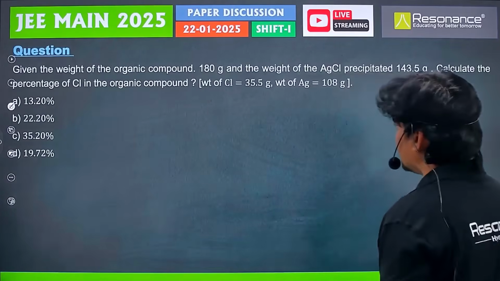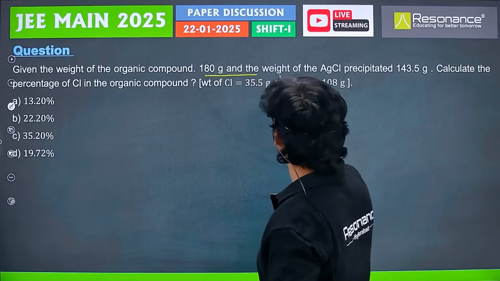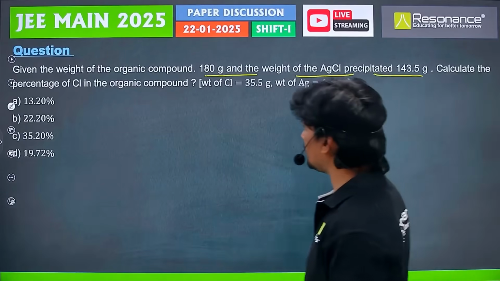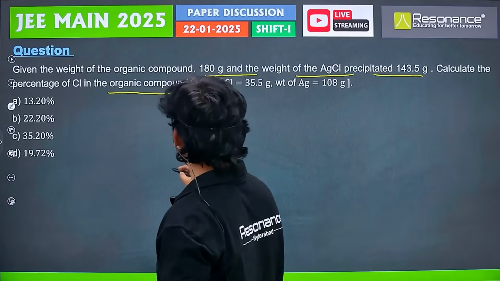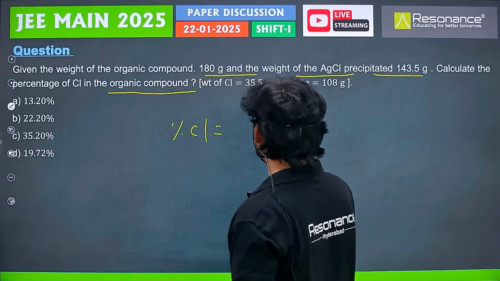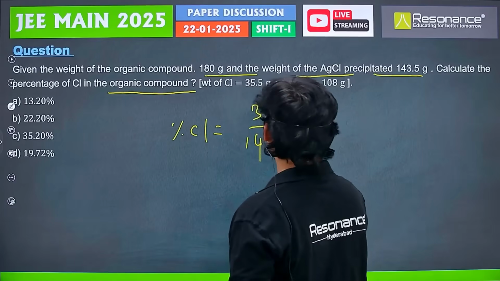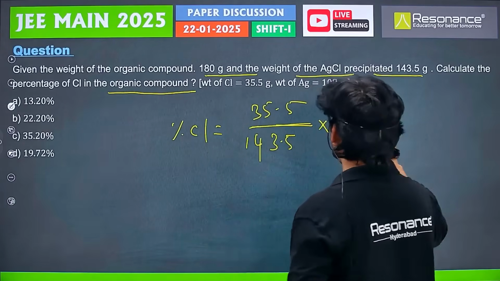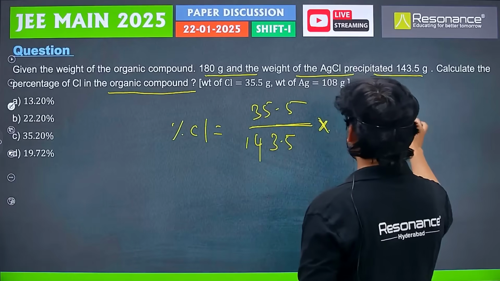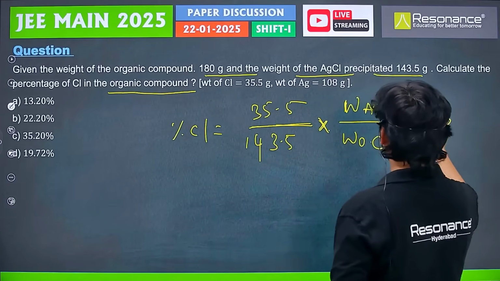Next one: the weight of the organic compound is 180 grams and the weight of the AgCl precipitated is 143.5 grams. Calculate the percentage of chlorine in the organic compound. Percentage of chlorine equals 35.5 by 143.5 into weight of AgCl given by weight of organic compound into 100.